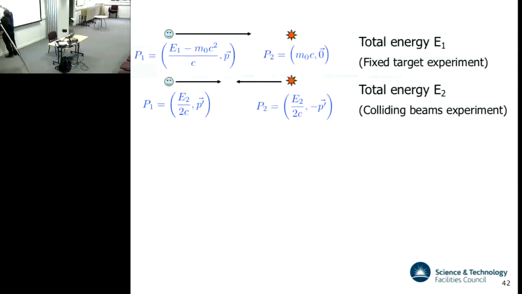That's this energy, that plus that. That's why I have to subtract it off. So that gives me that frame. Here they have equal and opposite momenta, and so there's my P1 and P2 in the other frame.